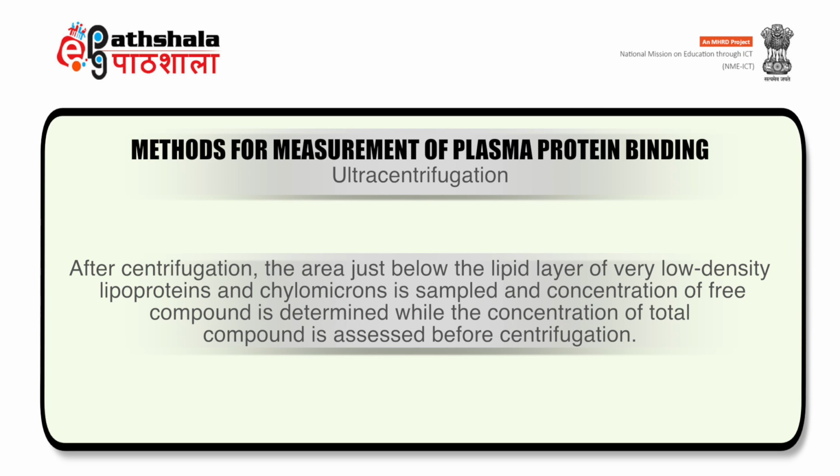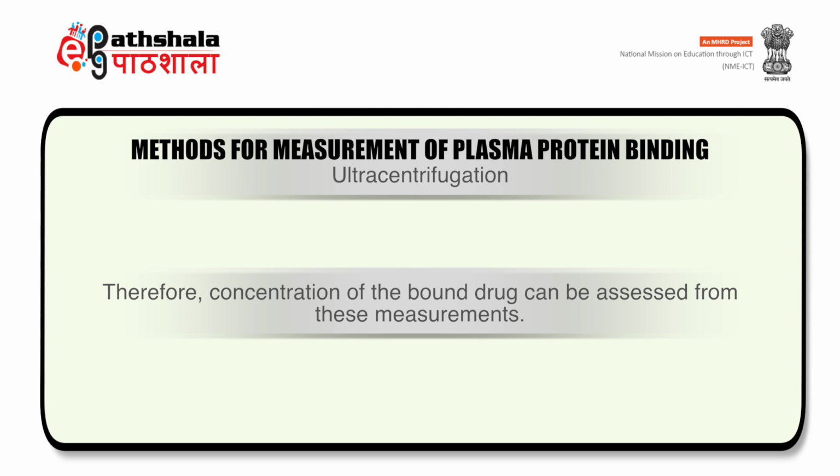After centrifugation, the area just below the lipid layer of the very low density lipoprotein and chylomicrons is sampled and the concentration of free compound is determined, while the concentration of the total compound is assessed before centrifugation. Therefore, the concentration of the bound drug can be assessed from these measurements.